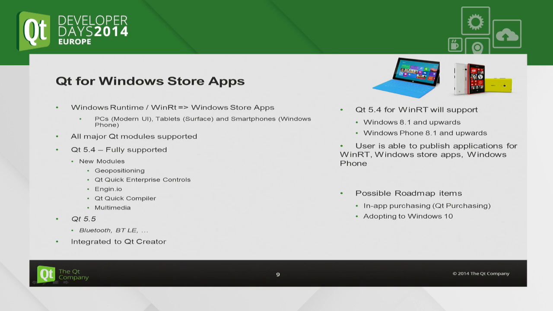So what Windows Store apps include is basically Windows Phone, but not only that, also WinRT tablets, so all Microsoft tablets, and then Windows 8 PCs on the modern UI side, which was previously called Metro. So on Windows 8, you can run traditional desktop apps in the classic mode. I think they're called Windows Classic apps nowadays by Microsoft.